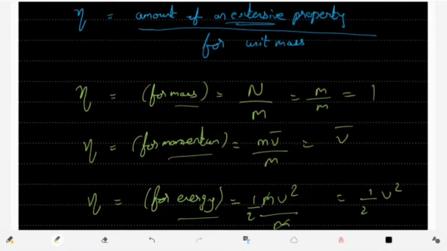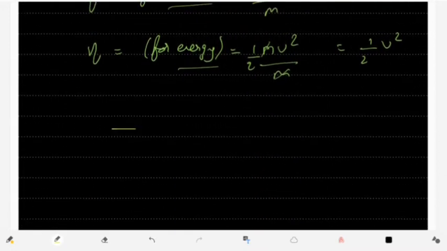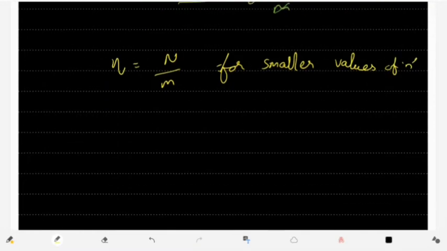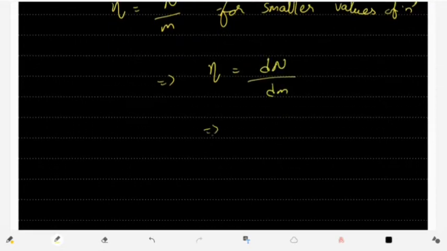As from this equation, eta equals N by M, for smaller values of M we can write eta equals dN by dM. This implies dN equals eta into dM.